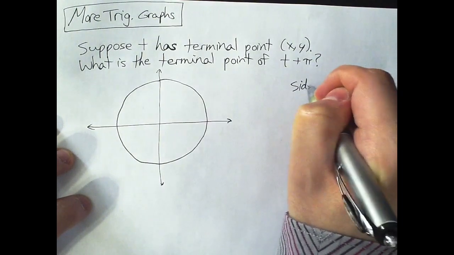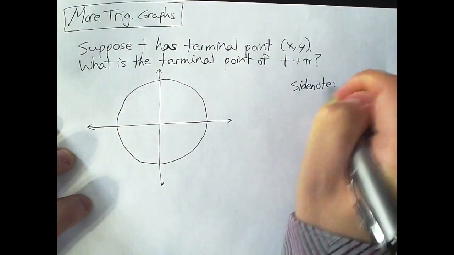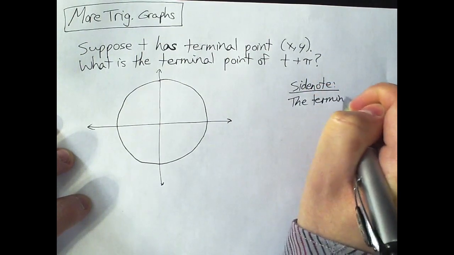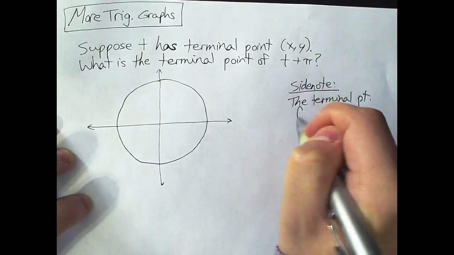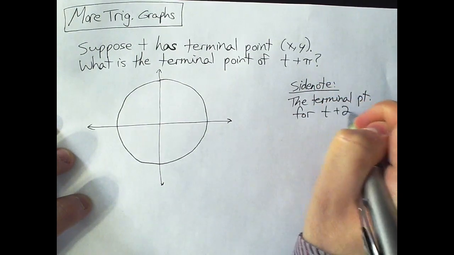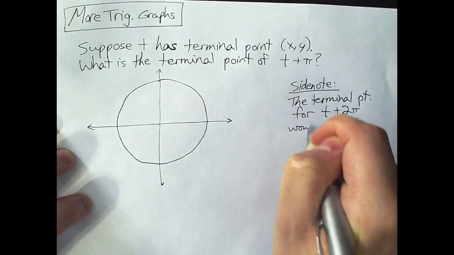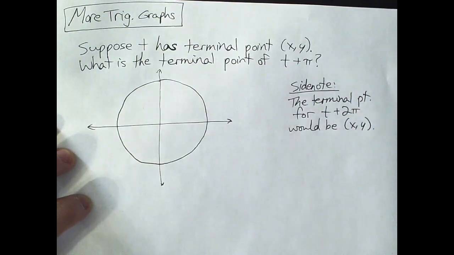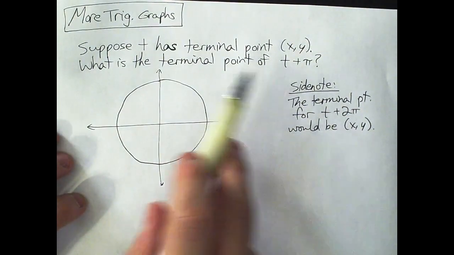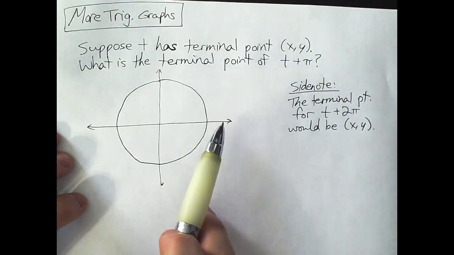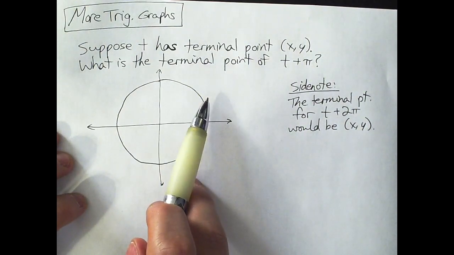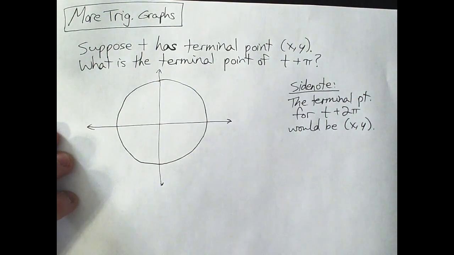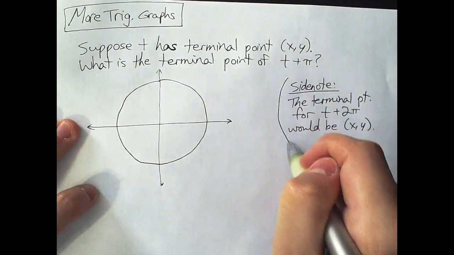Side note, the terminal point for t plus 2 pi would be x comma y, the same terminal point that we started with from t. So, if you go t around the unit circle and then you go an extra 2 pi, it takes you to the same place, right? So that's just a little side note.